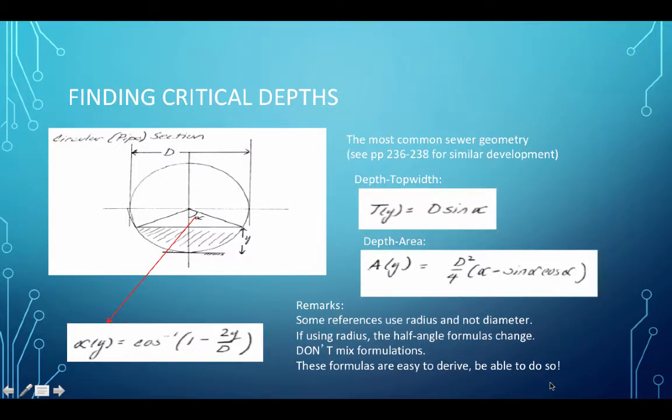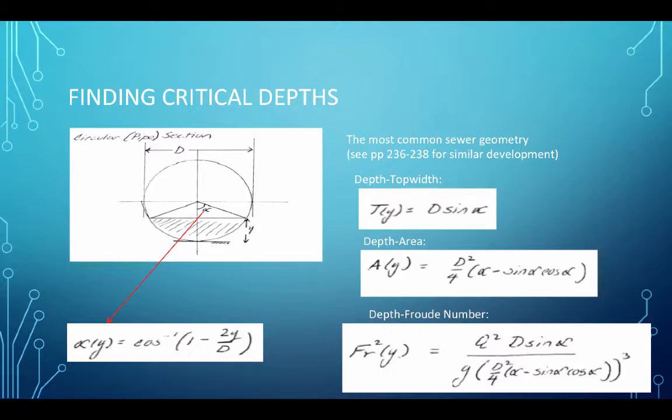We can do the same with circular cross sections. The only part where it gets kind of wonky is when the pipe gets full, the concept of Froude number kind of goes out the window. But until then, we can have supercritical, subcritical flow in pipes, and it does occur. Depth-top width, depth-area relationships are unchanged from before.